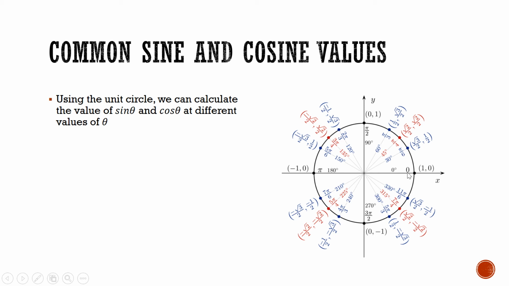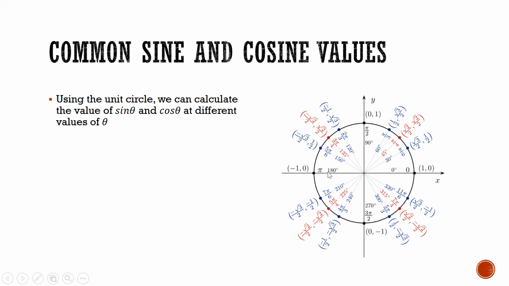So cos 0 is 1, sine 0 is 0. At 90 degrees or pi over 2, so if theta is 90 degrees or theta is pi over 2 radians, cos is 0, sine is 1.